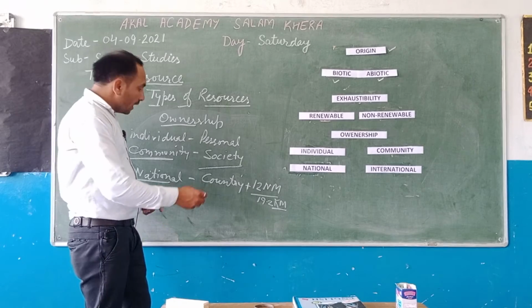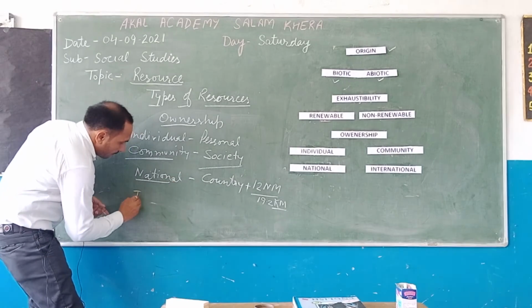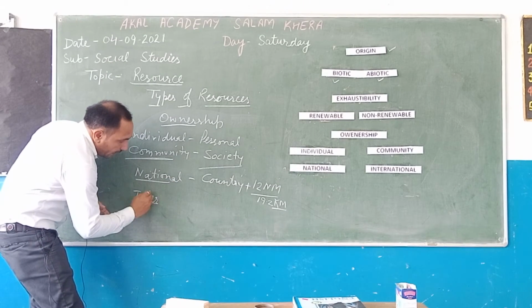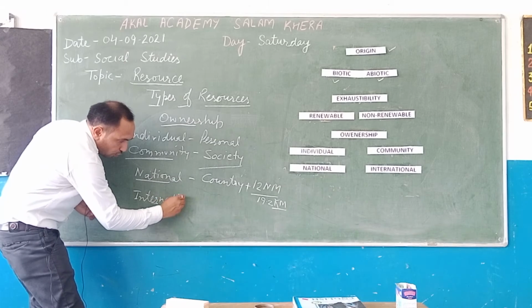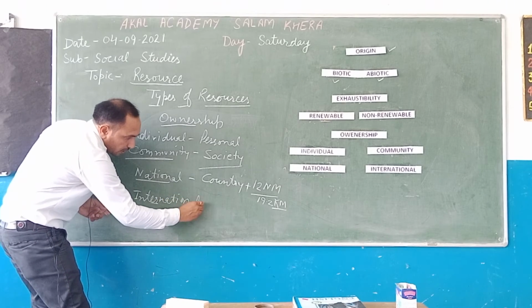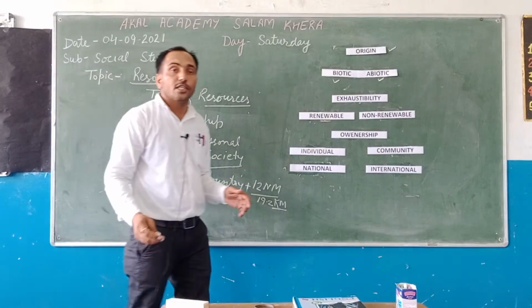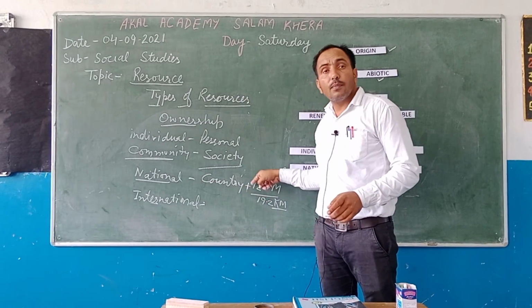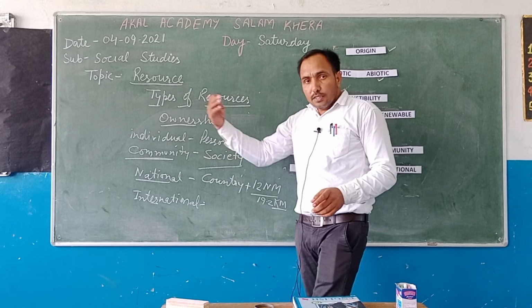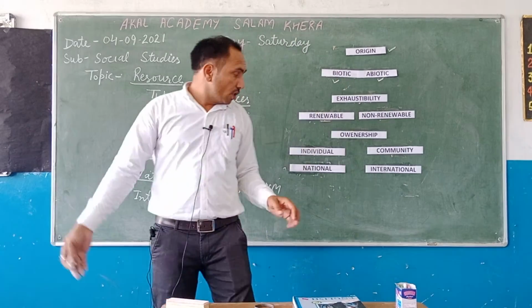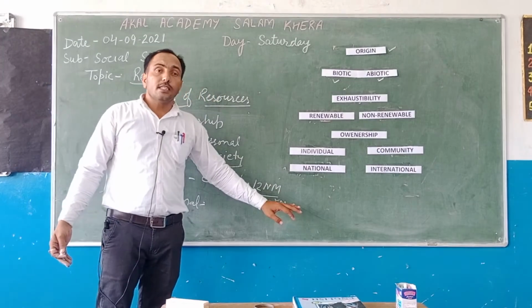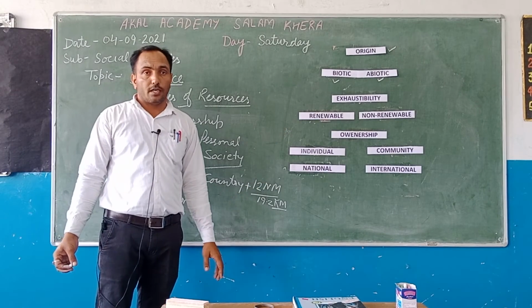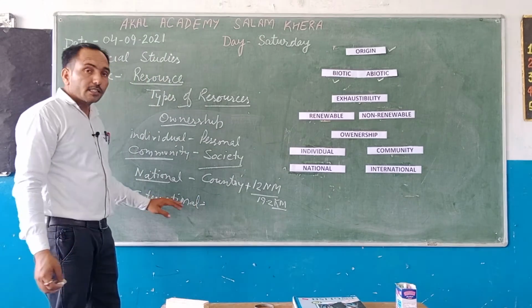Fourth are international resources. These are resources which are beyond the boundary of any nation, outside the boundary of any nations. From our boundary, the sea is near to us. After 19.2 kilometers in the sea, the area does not belong to any country. That is the international boundary.